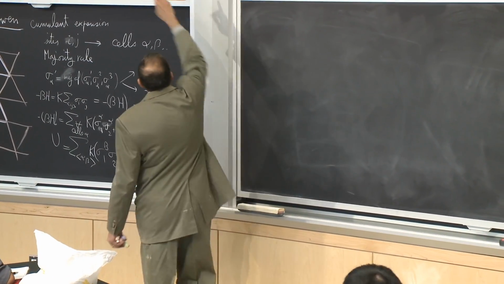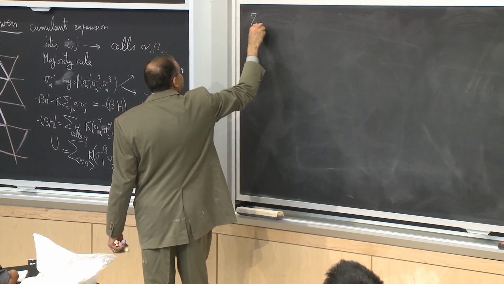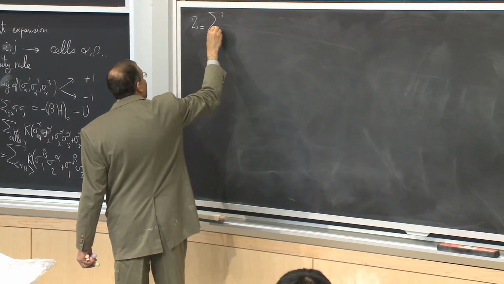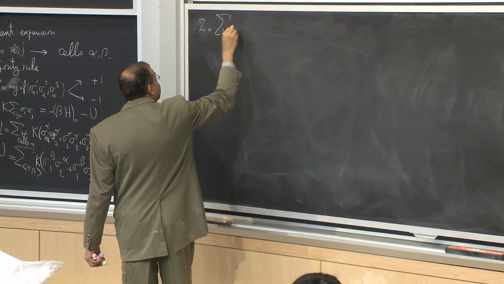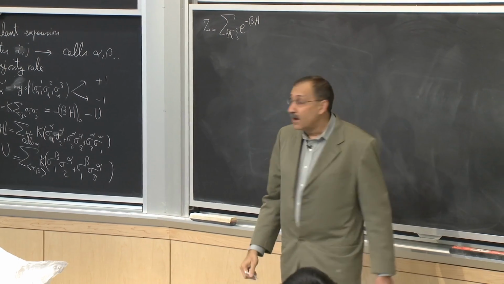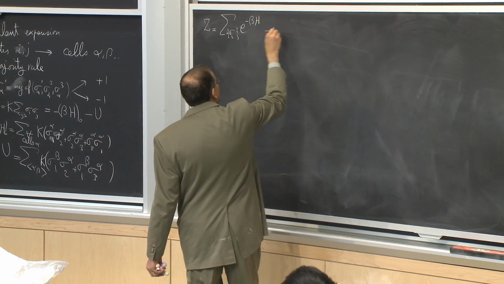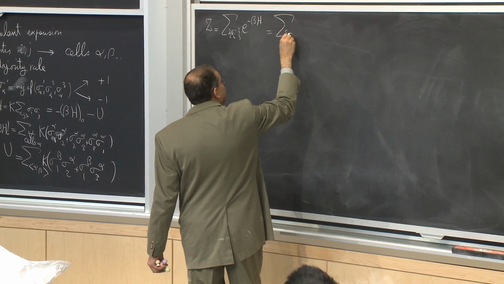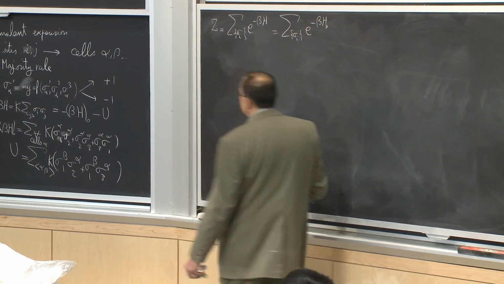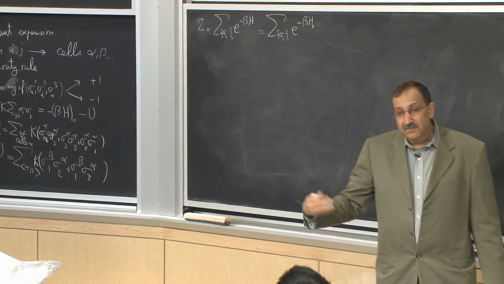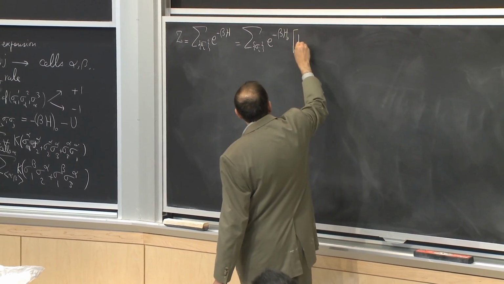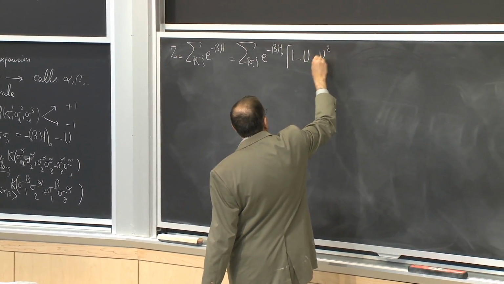So the partition function that I have to calculate, which is the sum of all spin configuration with the original weight, I can write as a sum over all spin configurations of e to the minus beta H0, and then minus U. And the idea of perturbation is, of course, to write the part that depends on U as a perturbation.